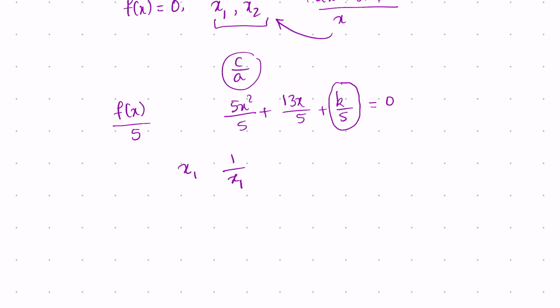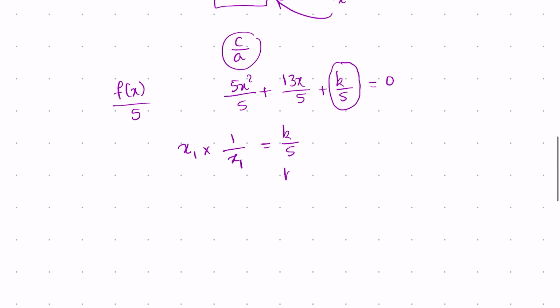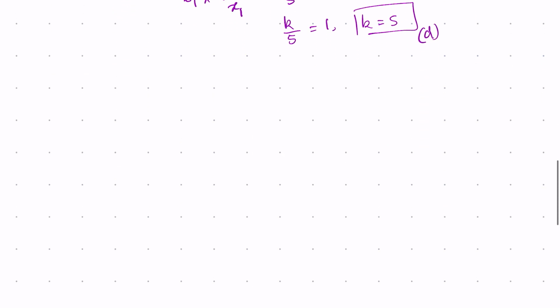That's the condition. So if we multiply this, then this should be equal to k by 5. So what do we get here? K by 5 is equal to 1, or k is equal to 5. This is nothing but option D. Okay. So moving on to question number 4.